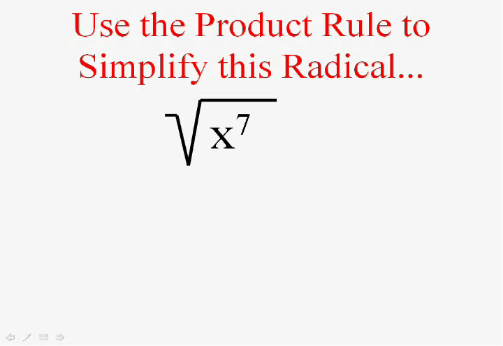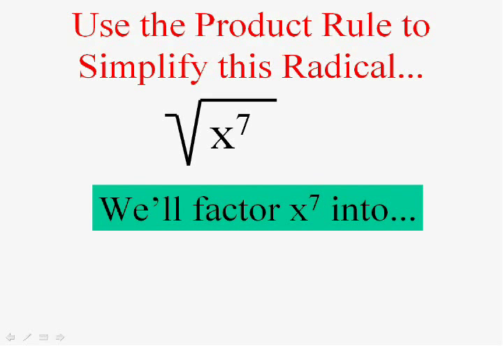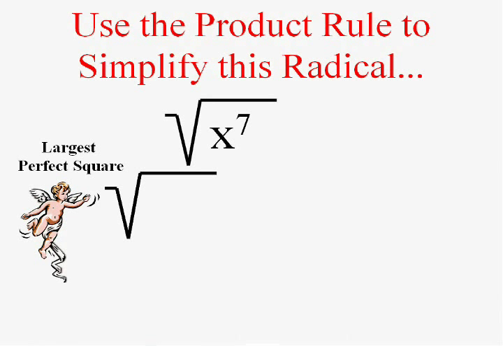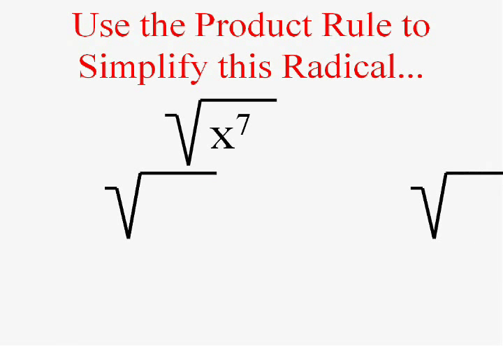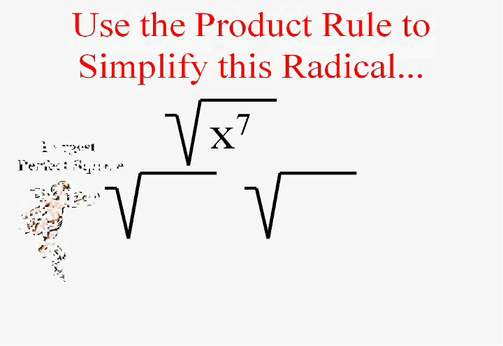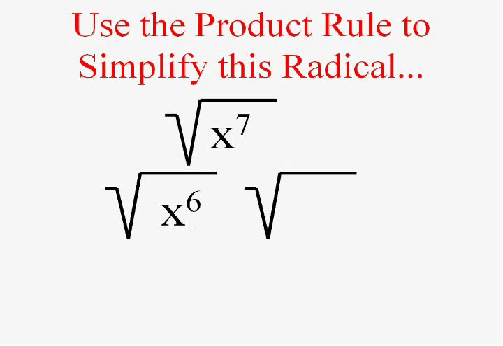Well, that's the beauty of this. We're going to do the exact same thing. We're going to factor x to the 7th into the largest perfect square that goes into it times whatever's left over. Now, think of your list of perfect squares with variables. Any even exponent is a perfect square. The largest even exponent that goes into this is going to be x to the 6th.